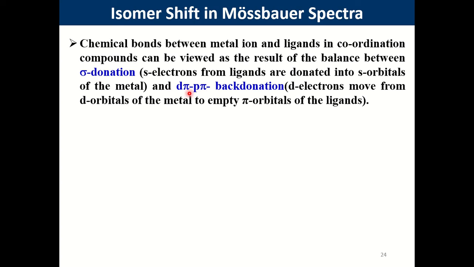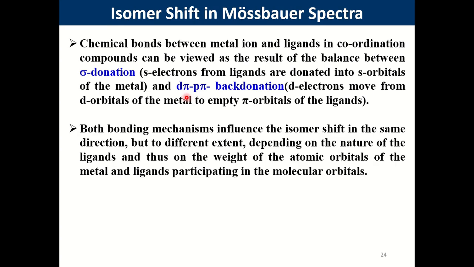In the case of d pi p pi back donation, some of the d electrons are taken away from the Fe site. That means the shielding will decrease. What happens if shielding decreases? This will also lead to an increase in the s electron density. So both bonding mechanisms influence the isomer shift in the same direction, but the extent will be different, because a sigma bond is stronger, so there will be a greater effect in this case.